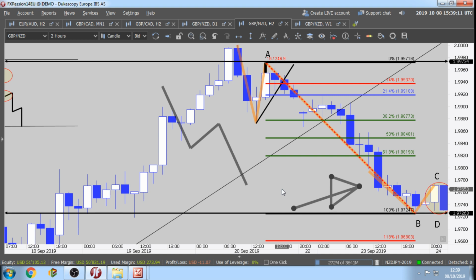Wait for retracement to finish. But what if the market is going to fall, Victor? It is already a retracement. We have 3 candles. It's a retracement still. And the market broke the counter trend line, the small one.